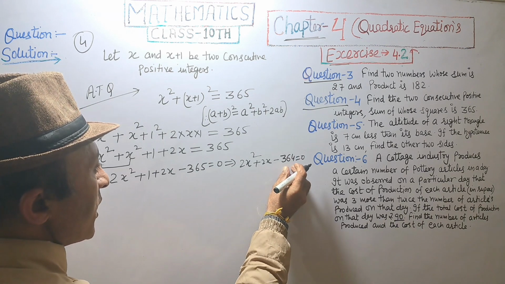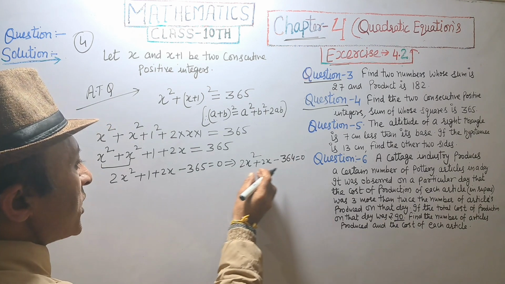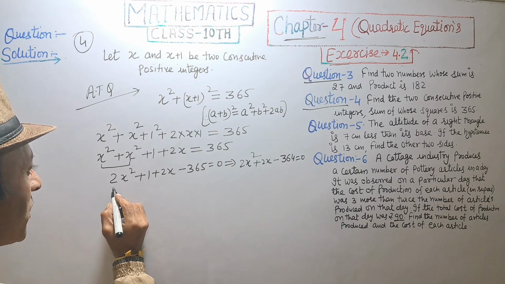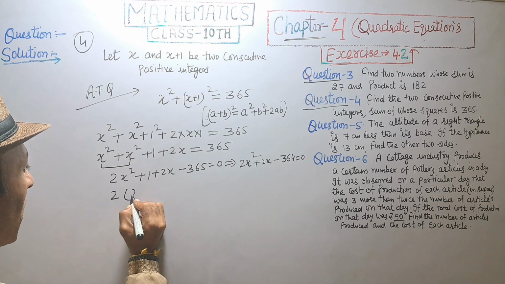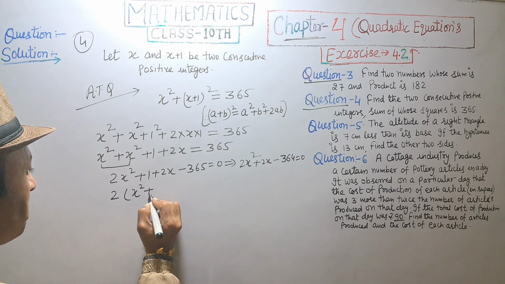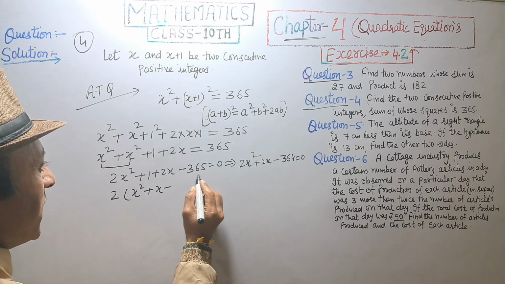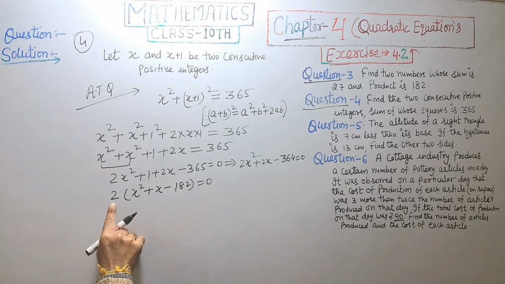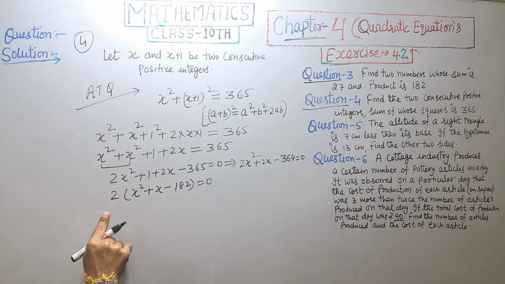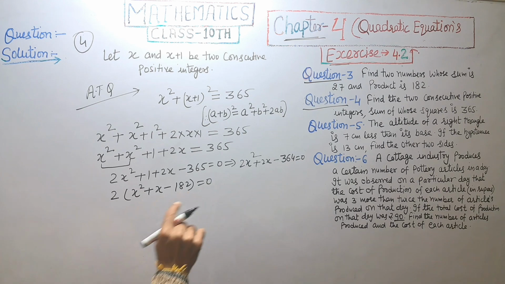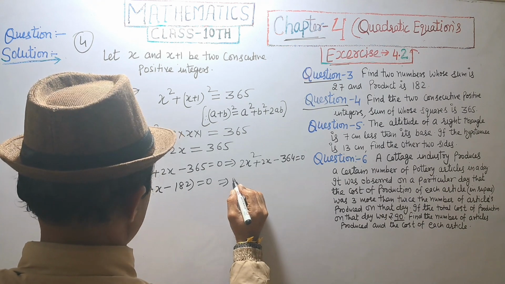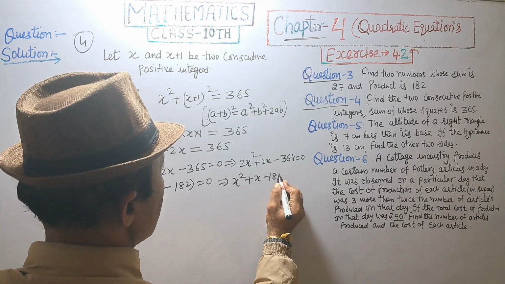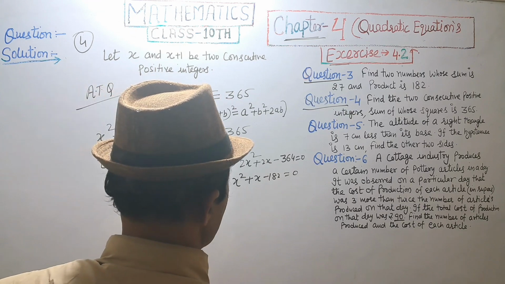It's a quadratic equation, and 2 is taking common: x raised to power 2 plus x minus 182 is equal to 0. 2 is not equal to 0, so the quadratic equation is x square plus x minus 182 equal to 0.